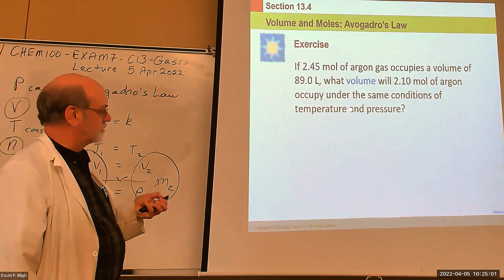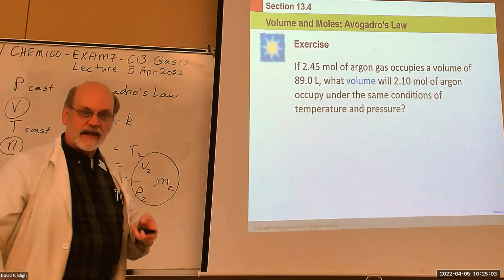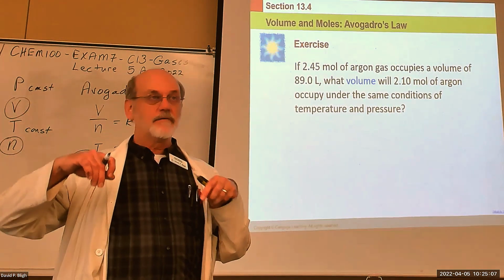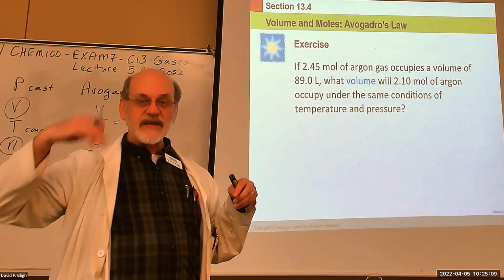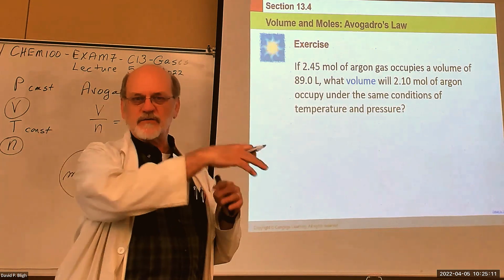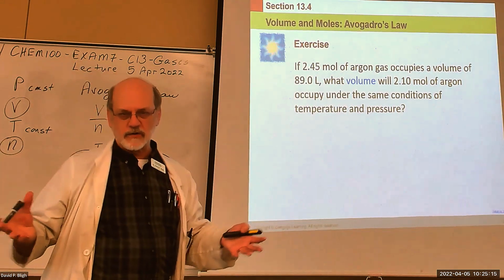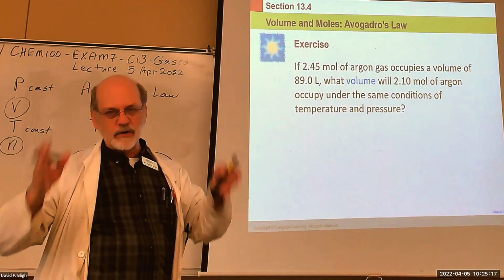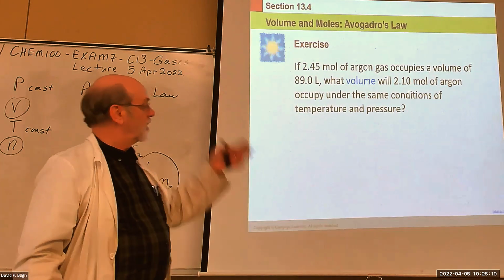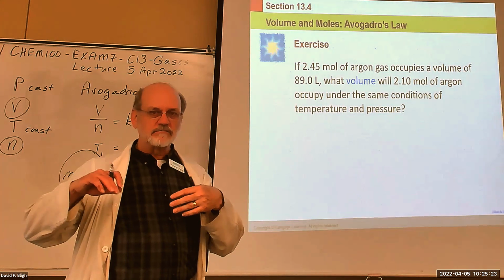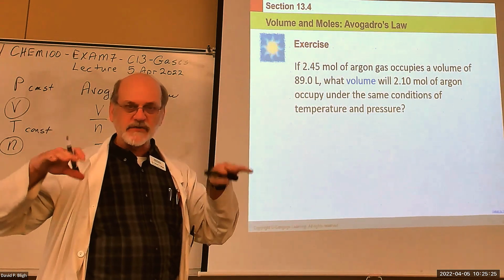This is the after. And notice, when you have these ratios, like P1V1 equals P2V2, it doesn't matter what the pressure units are, doesn't matter what the volume units are. They're going to be the same on both sides. Volume in moles, right? Whatever those units are, they'll be the same on both sides.